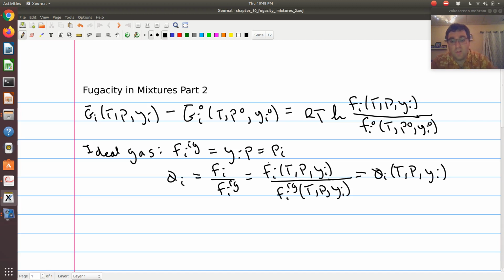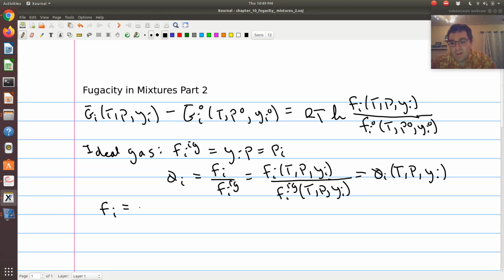And so a common practice, which we'll use when we write out our criteria of phase coexistence, is if I take the fugacity of component i, then typically what's common is to what I would call expand it out. So I'm going to expand my fugacity relative to an ideal gas standard state or an ideal gas reference state, which is this guy down here, and we'll talk about in a second what that means.